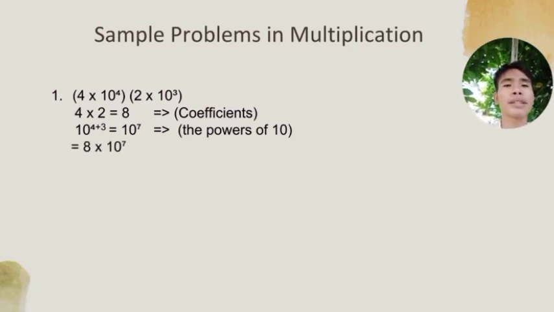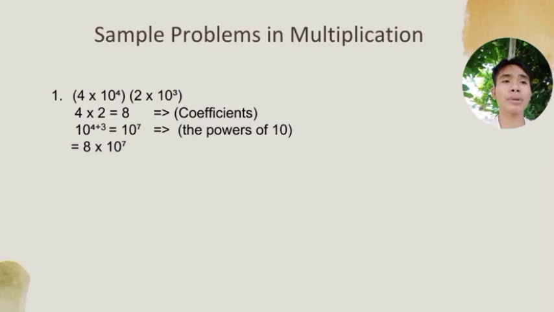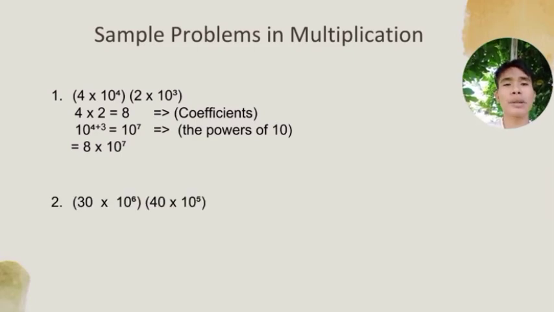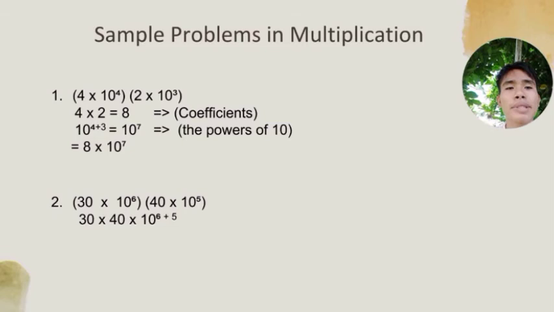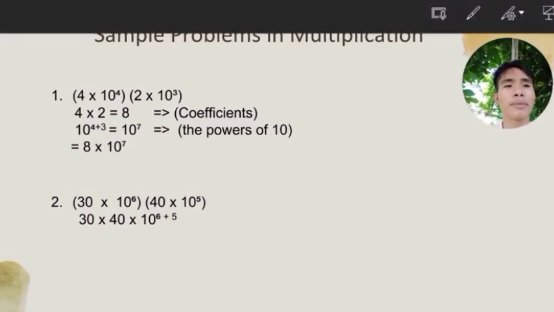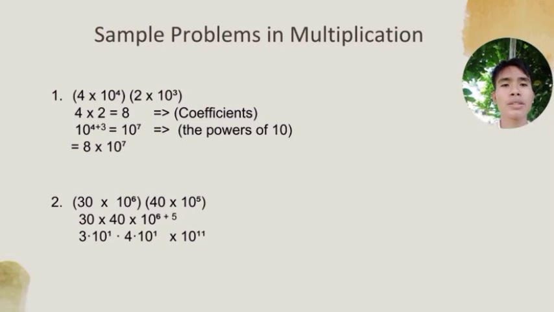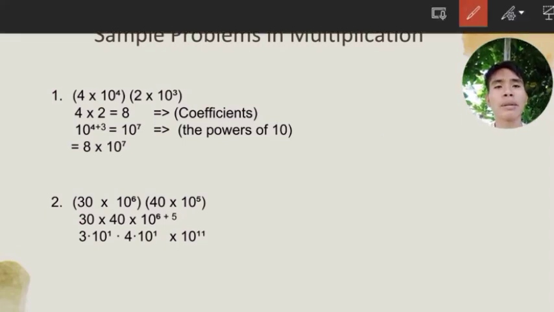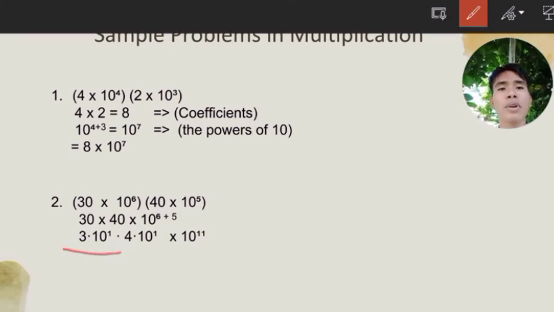So the answer is 8 times 10 to the power of 7. Next, 30 times 10 to the power of 6 multiplied by 40 times 10 to the power of 5. Multiply siya ang 30 times 40, times 10, then 6 plus 5, which is the exponent. Then ato siyang i-expand. Kani siyang 30, it will become 3 times 10 exponent 1.